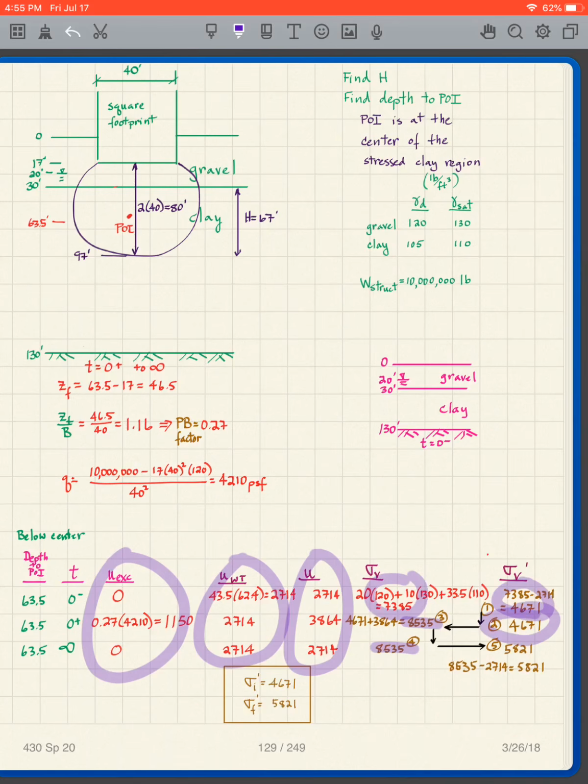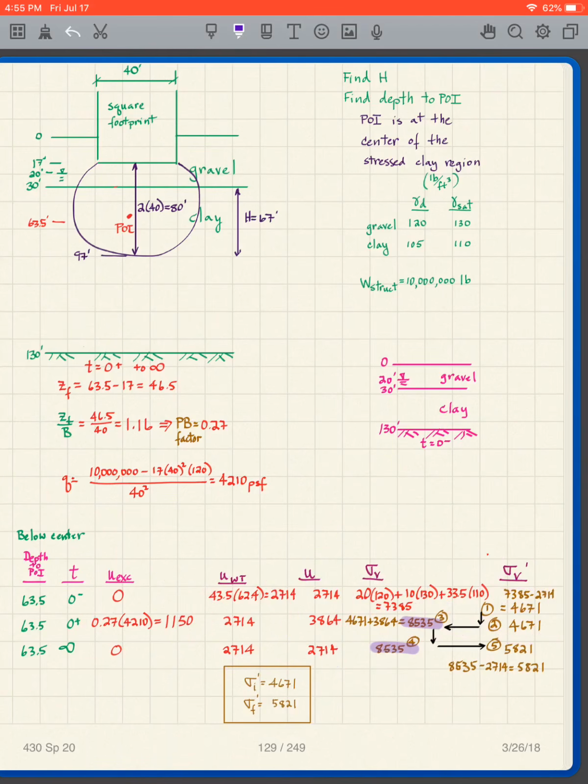Well, it's easy to fill this one in at this stage. Why? Because it's going to be the sum of the sigma V prime and the U, because that's what sigma V is. So I can get my sigma V by adding those two terms, I get 85/35. Well, what do I know? I know that the figure at t equals 0 plus and t equals infinity is the same.